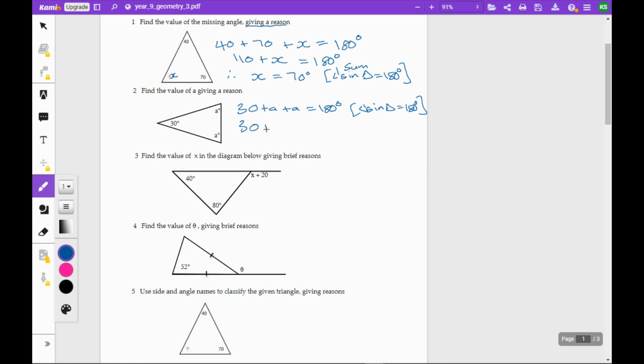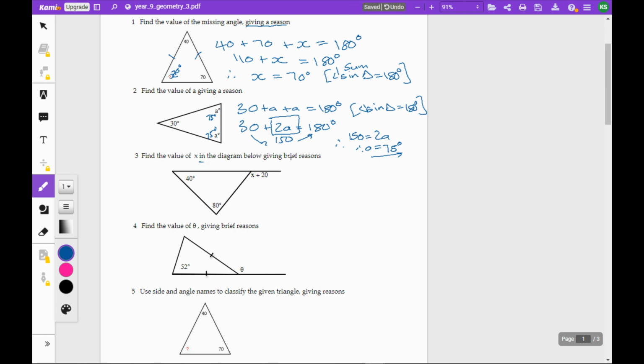A plus a is 2a. So remember, this has to be 150, right? Because 30 plus 150 gives you 180. So 150 equals 2a. And so a equals 75 degrees. So this would be 75, and this would be 75. This would be 70. This is actually an isosceles triangle.